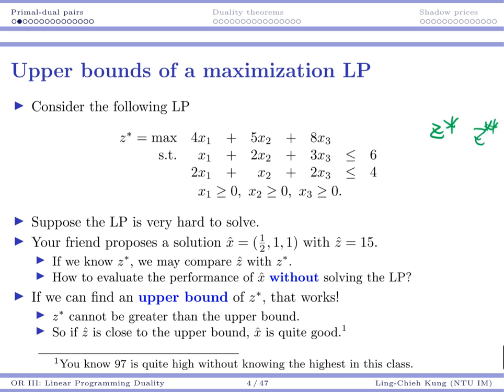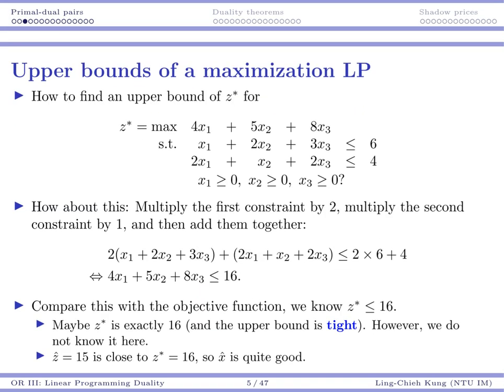If that's the case, z star cannot be greater than z double star, and we know z hat, as a feasible solution, is not going to be greater than z star. So we are able to compare z hat with z double star to see what's the difference. If z hat is close to the upper bound, we would say that x hat is quite good. Okay, so that's the idea of looking for an upper bound.